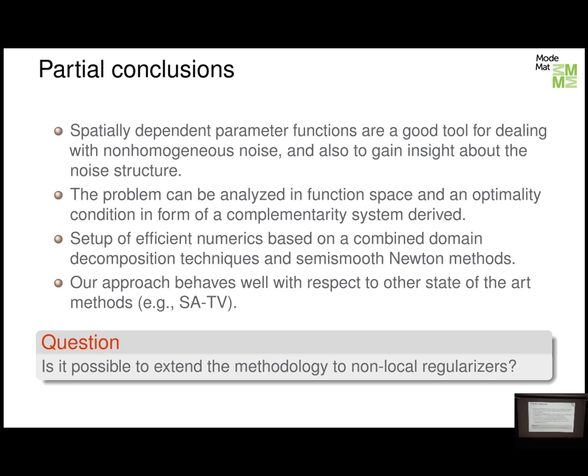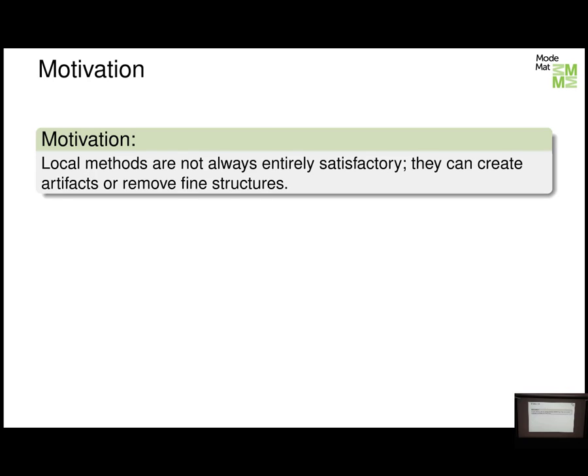Now, the question we have had for a couple of months is whether it's possible to extend the methods to cope with non-local regularizers. As I mentioned before, the local methods may fail in some important parts of the images, right? So there are some situations where non-local ones can behave better in reconstructing thin structures or texture in the images.